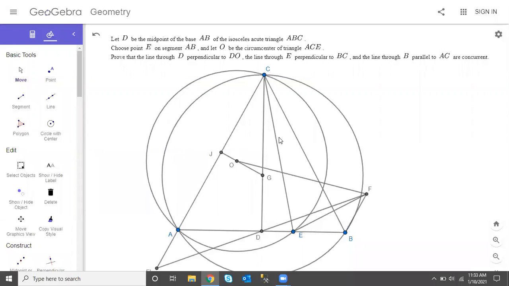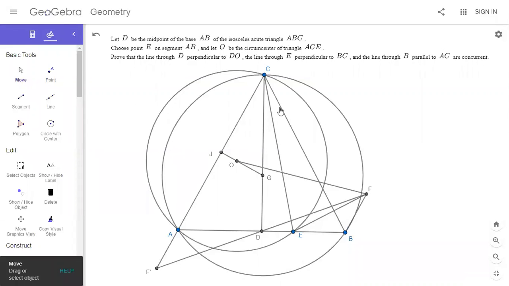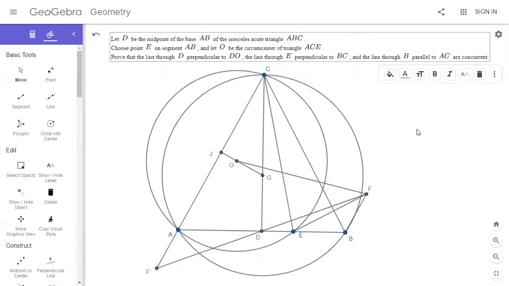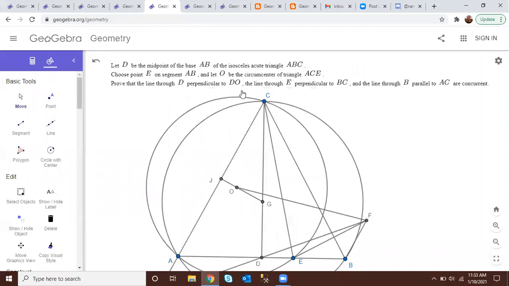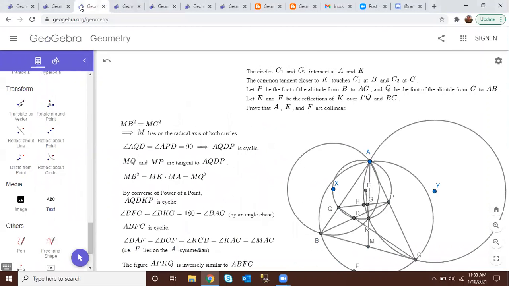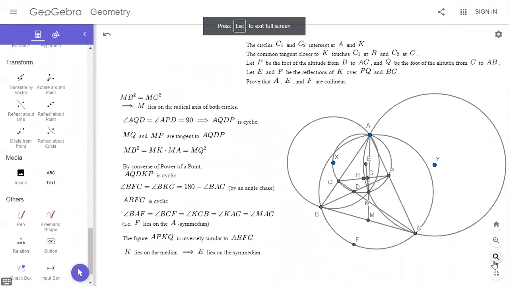So this problem, we haven't gotten too much further, but the previous problem, I'll just pull it up for you. Hold on just a sec. So the previous problem, did you see this one? This had a fairly long period.